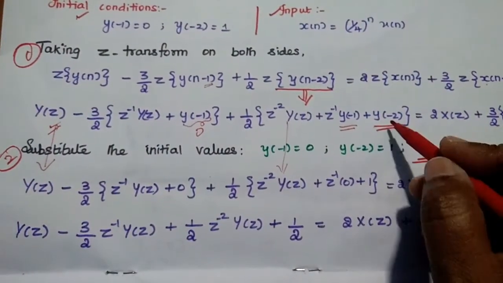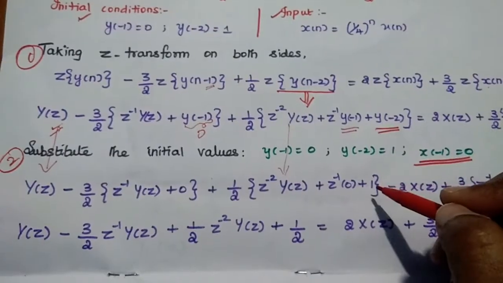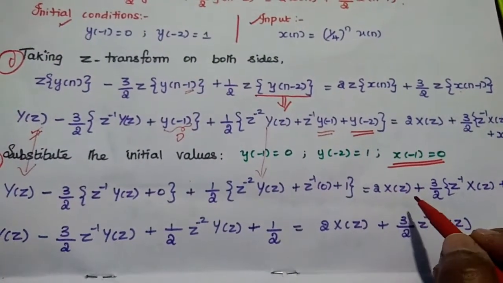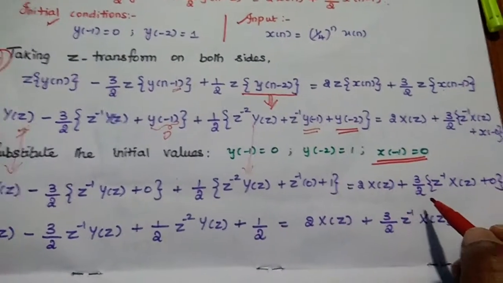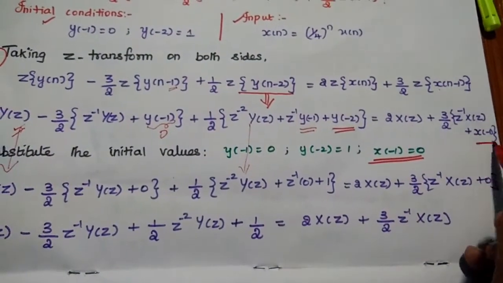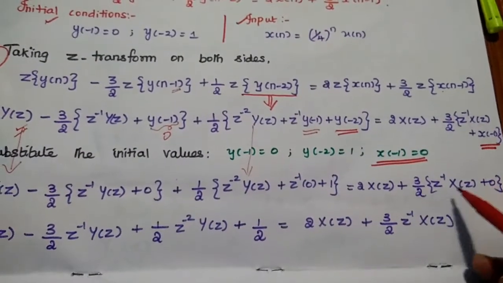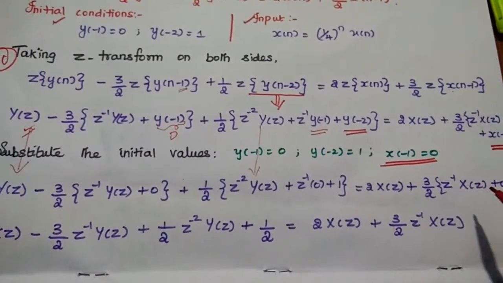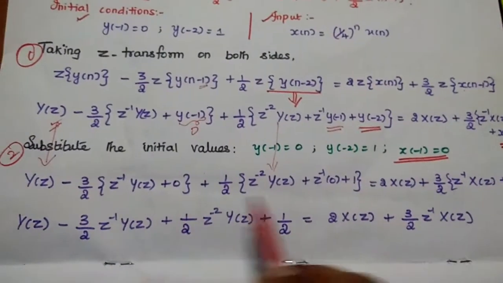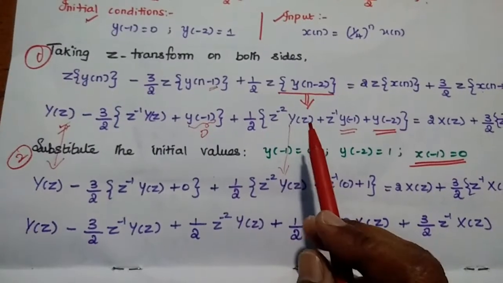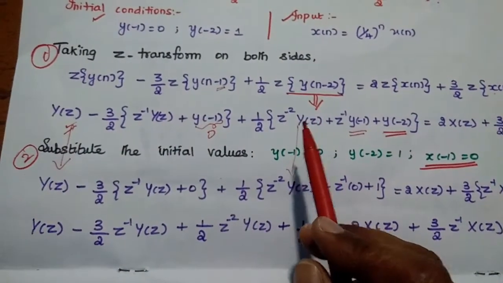So we replace the initial values with the given values, equal to 2 into x of z plus 3 by 2, where x of minus 1 is 0, so that term is 0, and z power minus 1 into x of z. Do you all understand this? We are going to substitute the initial values in the Z transformed signal.